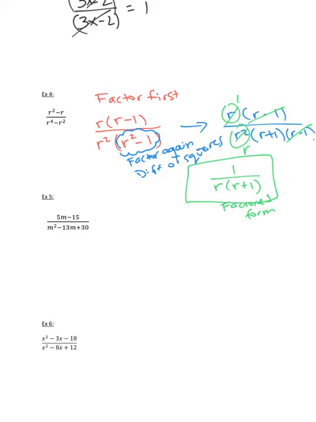Okay, and we'll do one more for today. Example 5. Again, I'm always going to write this: factor first. Okay, numerator, I look for a GCF, 5 goes into them. 5 times m minus 3.